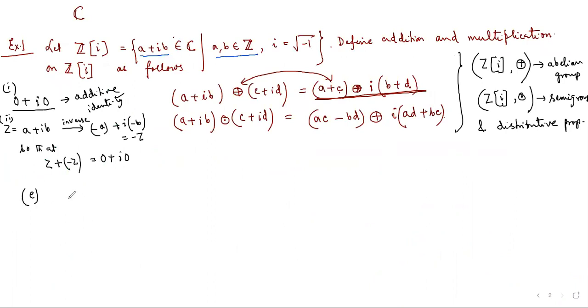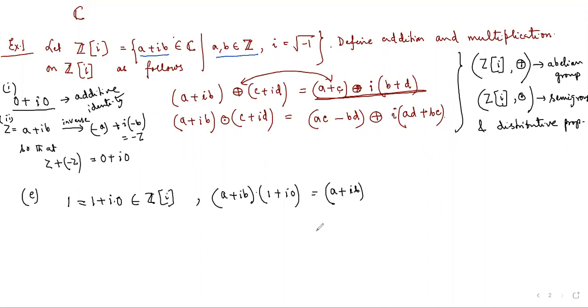One such element is 1 plus i0 in Zi. If I multiply a plus ib with 1 plus i0, just for the sake of saving time, we will find that this is exactly equal to a plus ib. Therefore property E is satisfied.